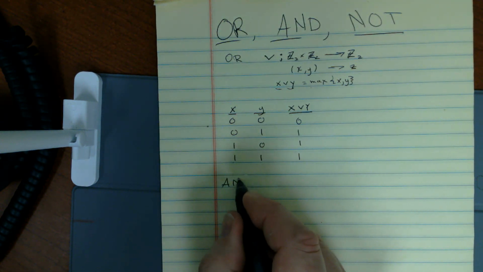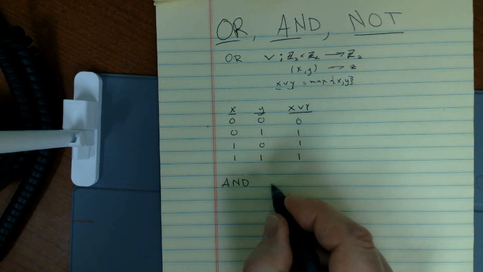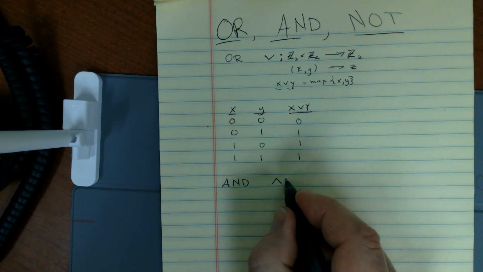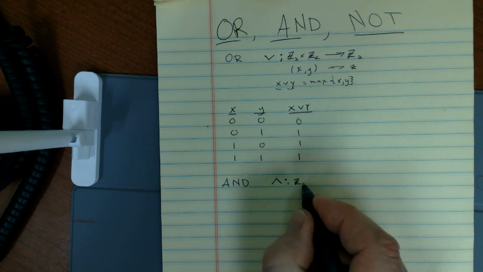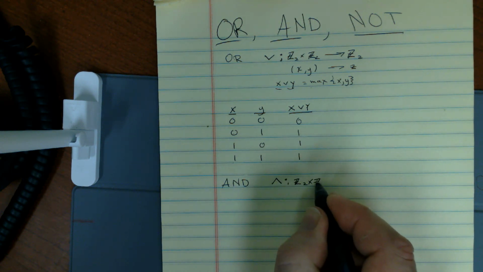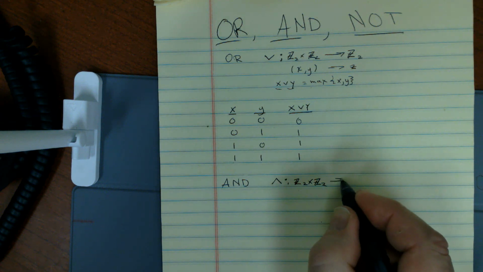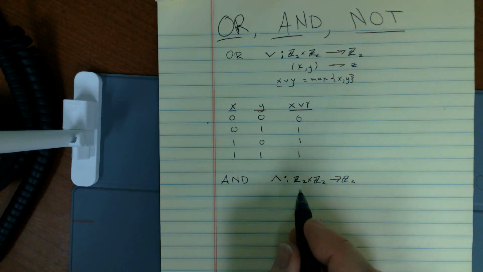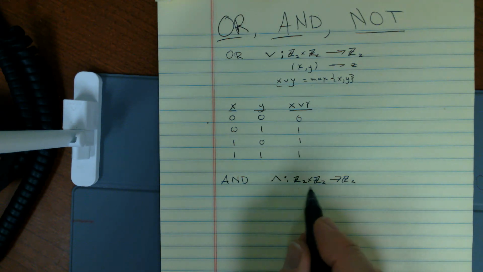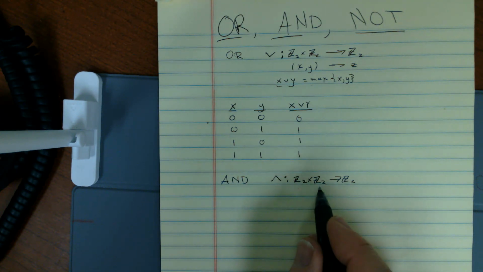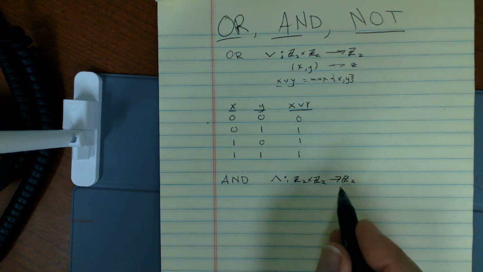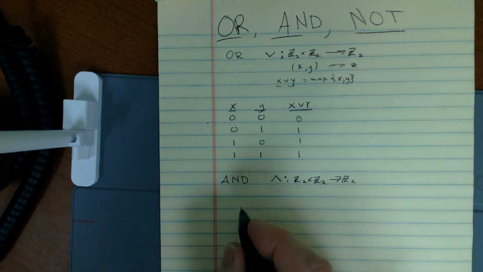And, which we'll write as an upside down wedge, again goes from Z2 cross Z2 into Z2. So it takes arguments that are Boolean, that come from Z2, and will return a Boolean value.